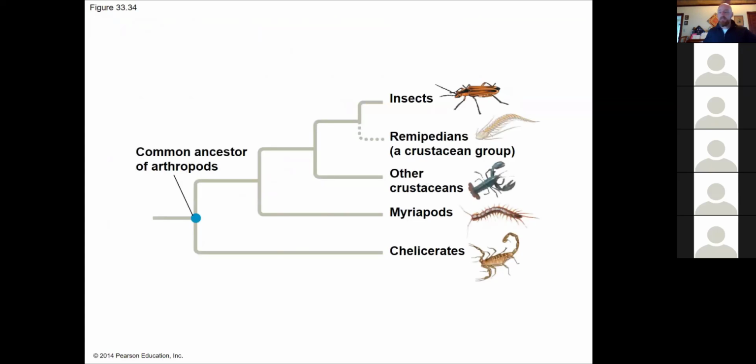They're the remipedians, more commonly known as remipods. It is a crustacean group, and we think that they're more closely related to insects, so they would share a common ancestor. So we have the chelicerates being our outgroup, the myriapods being the outgroup to that, and then the crustaceans and insects being together.